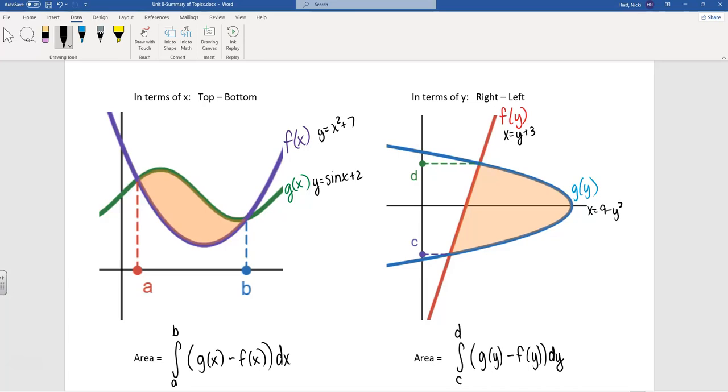Could they just say it's this and then force you to change it? Yeah, they could give you one that has to be done right minus left, and then you have to change it. But usually it's a little more straightforward on this section. This is usually at the beginning of these types of problems. Would this be like for multiple choice?